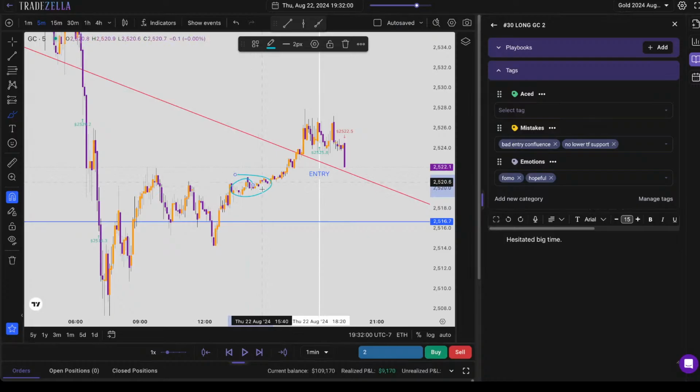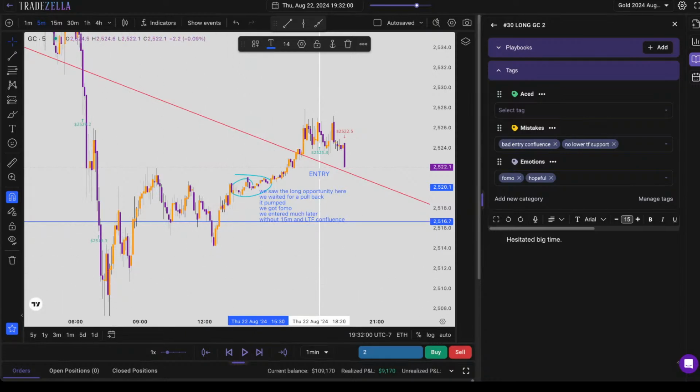We saw the trade here. So this is exactly what happened.